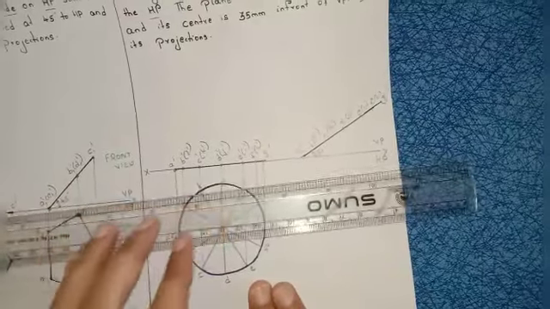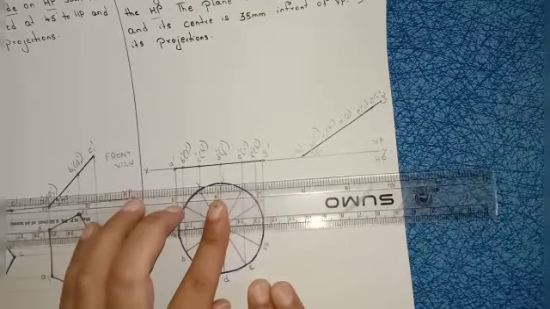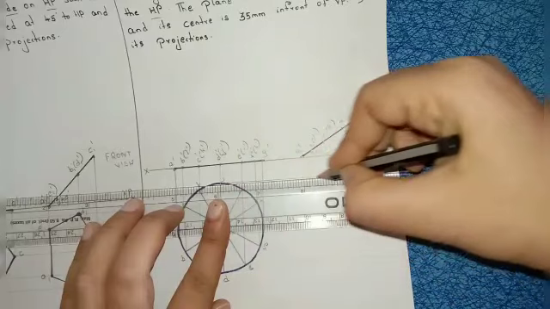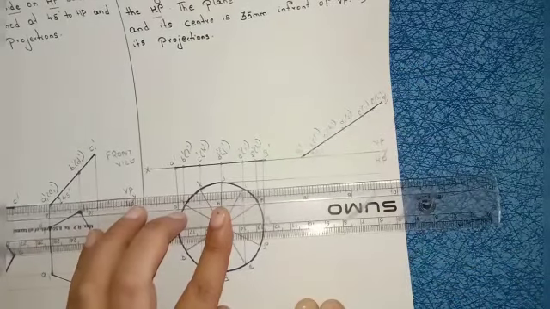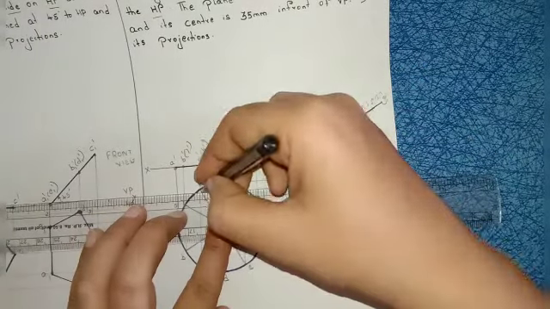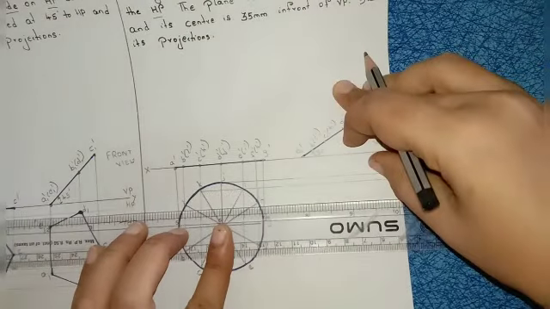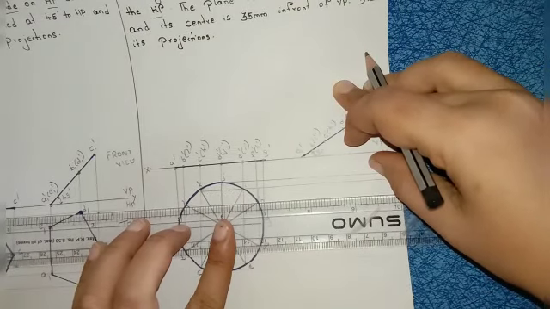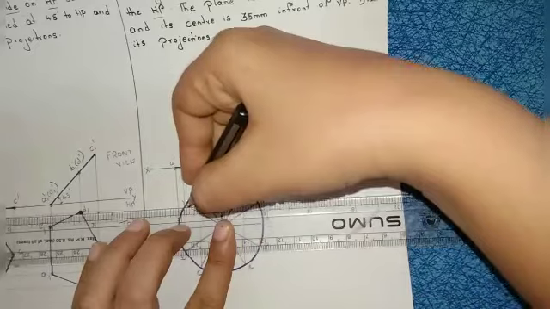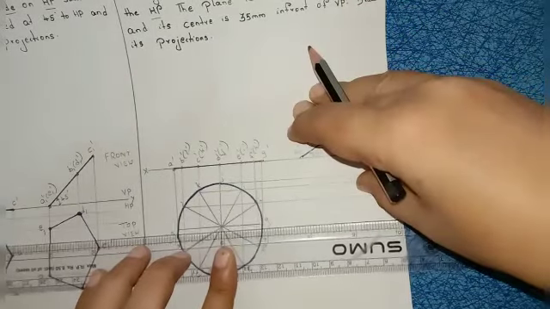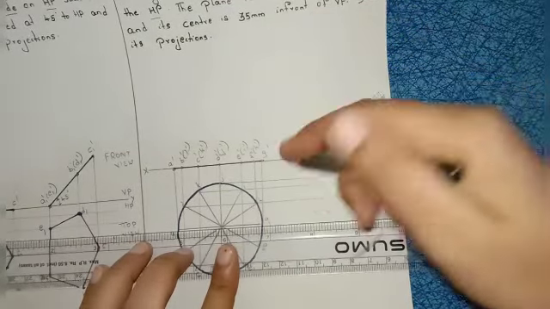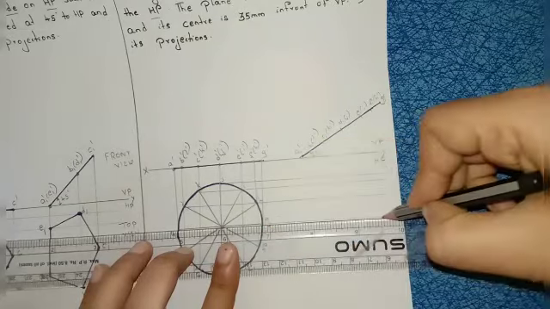After that, from every corner, from J, draw a line. Then join K and I, draw a line. Then L and H, draw a line. Then A and G, draw a line.